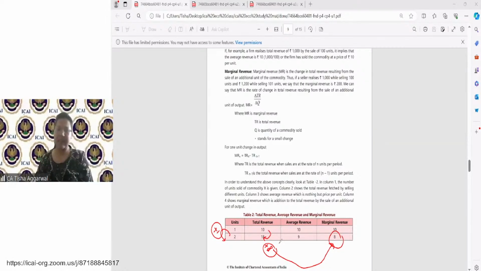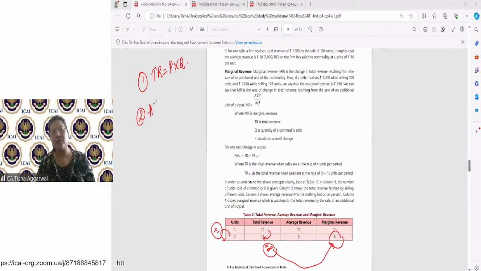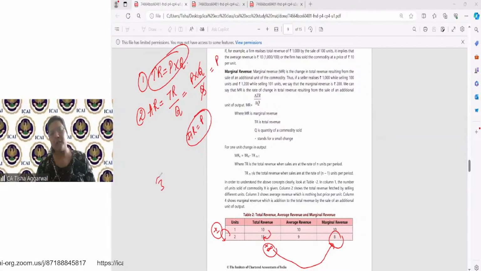Can I make the formula here? Let's start. TR is equal to price into quantity. AR is equal to TR divided by Q, which is equal to P. So can I say average revenue is nothing but P? Third point, marginal revenue is equal to the total revenue of the n commodities minus the total revenue of n minus 1 commodity.